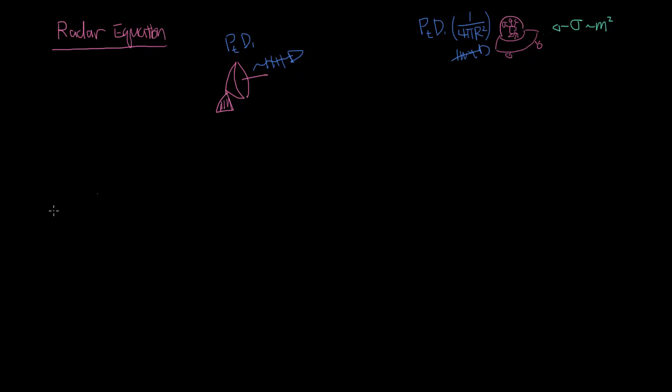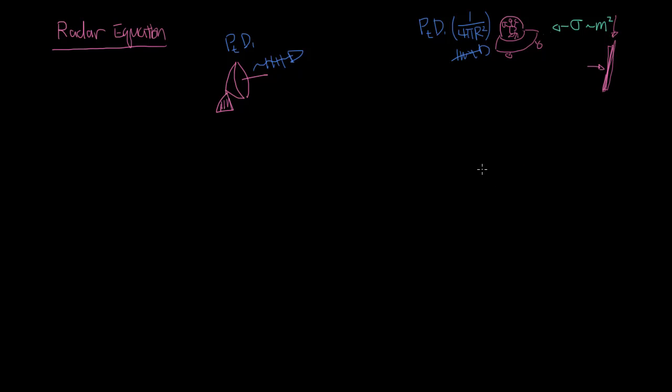So if my spacecraft was just a long, thin, conductive stick, you can imagine that if I'm coming in from this direction, I'm going to have a really large sigma as a lot of the waves get reflected. But if I'm coming from this direction, then it's not going to reflect quite as well.